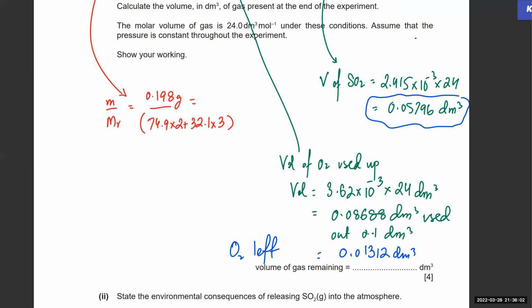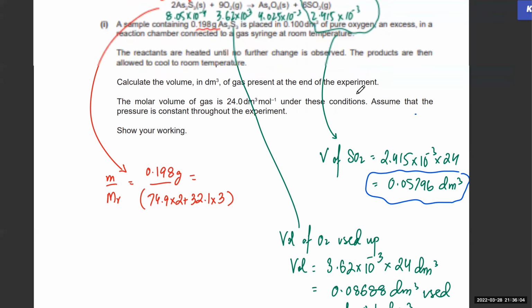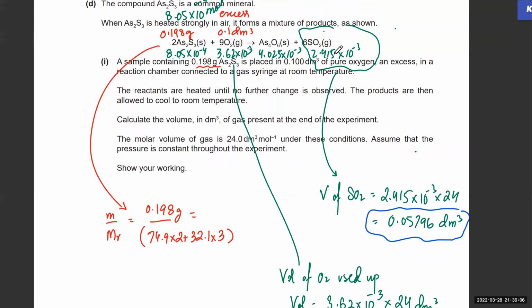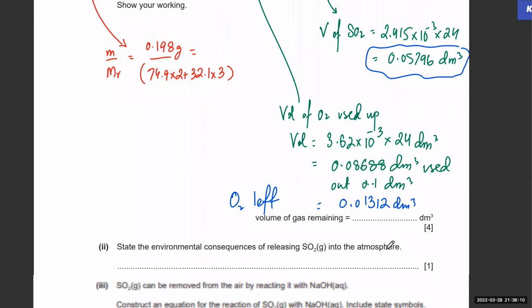So these were the only two gases. There was some amount of SO2 that was produced, and there was some amount of oxygen that was still left, which is 0.013. Add these two things together. So what is the total volume that you're getting?